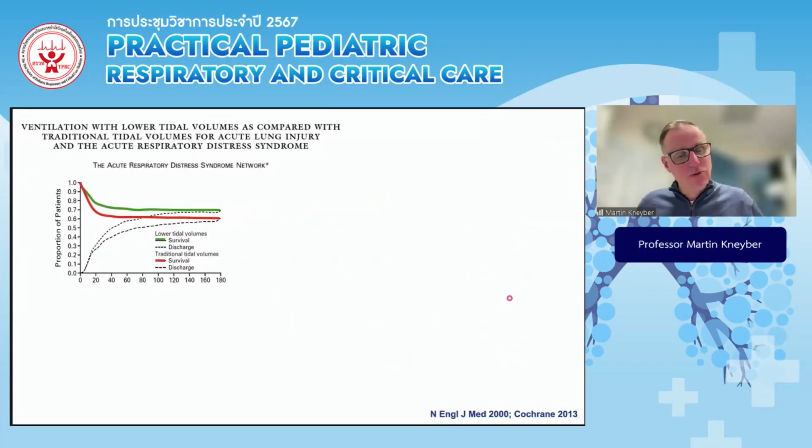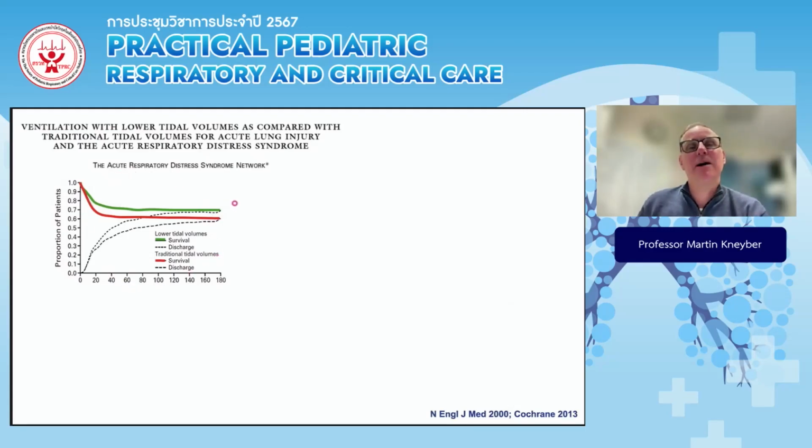Now let's go a little bit more in detail why we really need to dissect, because if we look, for example, at the ARDS network trial that was published in 2000, and everybody knows this trial, it's one of the most cited trials in pediatric critical care medicine and in adult critical care medicine.